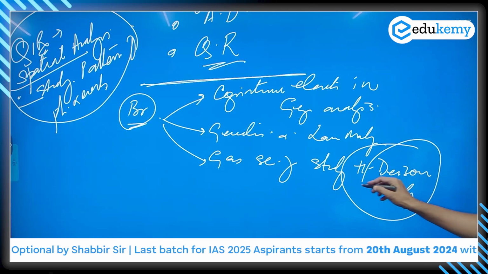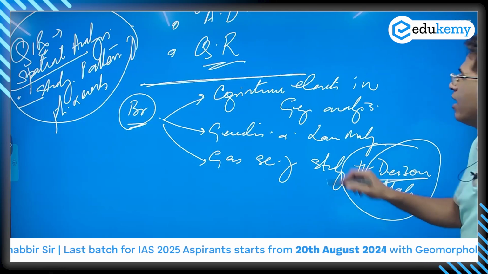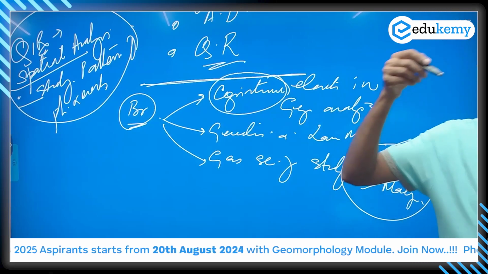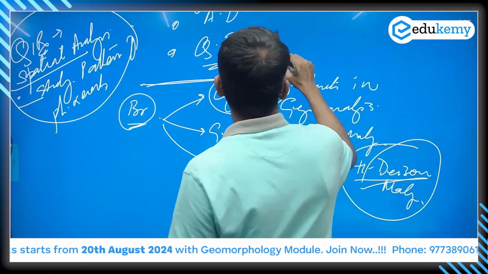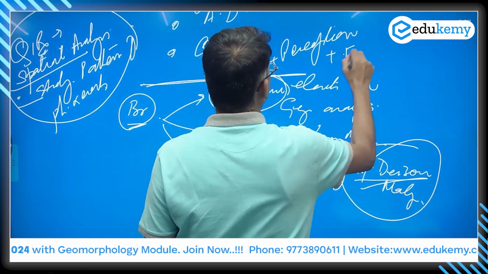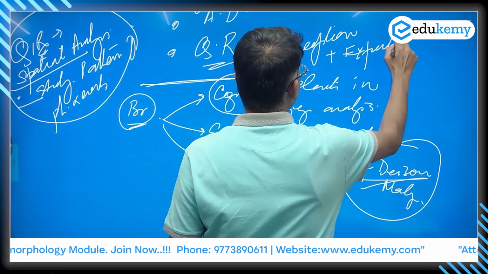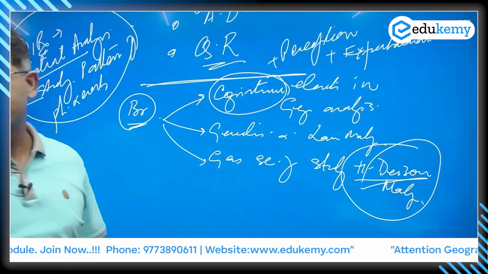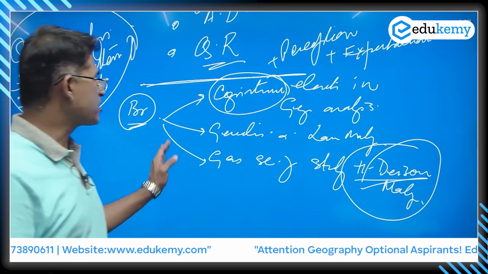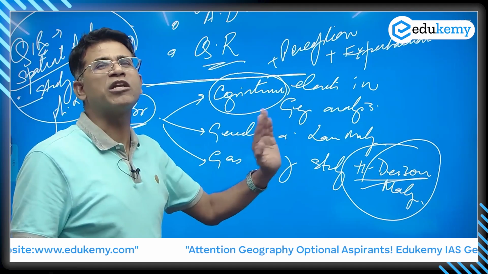And the decision of human beings has a cognitive element, a thinking element. So cognition plus the role of perception plus the role of expectations, this is what decides the patterns. So behavioral geography is a study of human decision making.